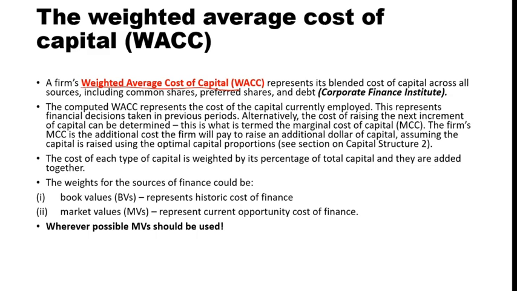So the weights for the sources of finance could be book value, which represents the historic cost of finance, or market value, which represents the current opportunity cost of finance. Wherever possible, you just have to use market values in computing the weighted average cost of capital.